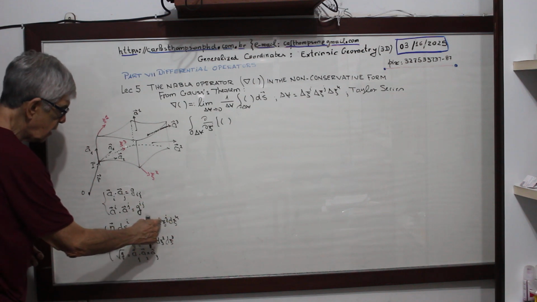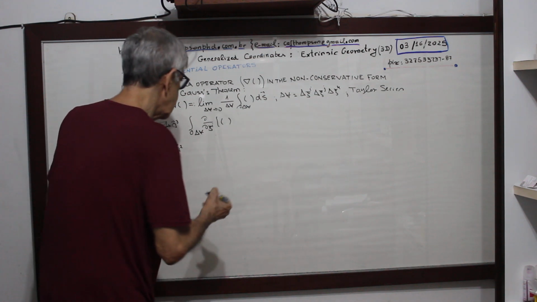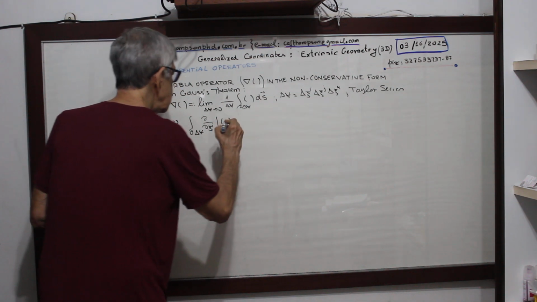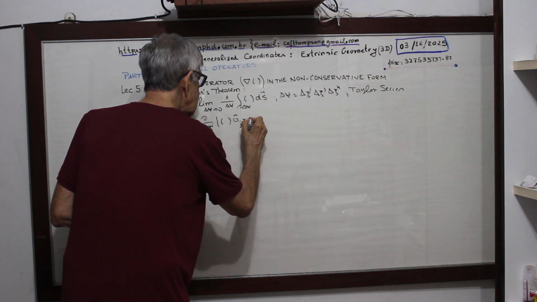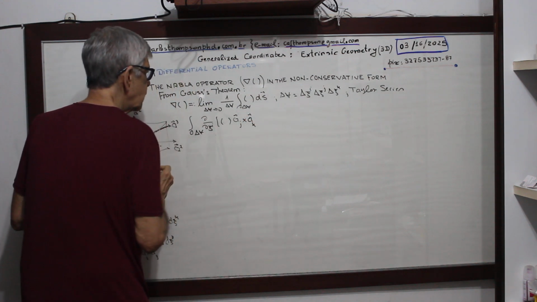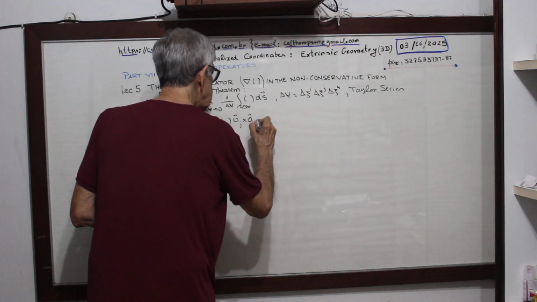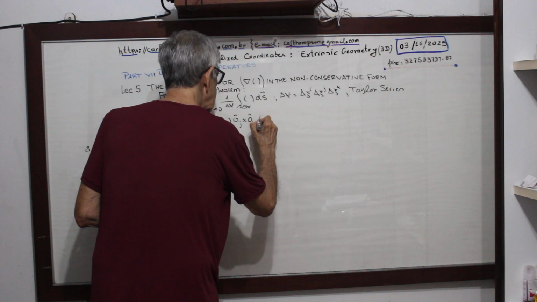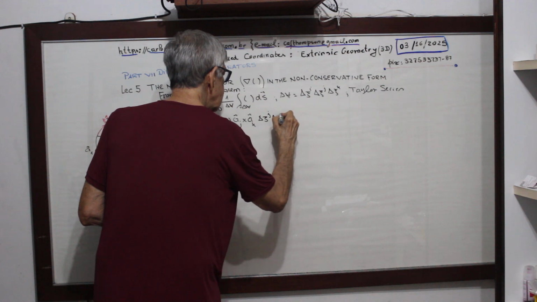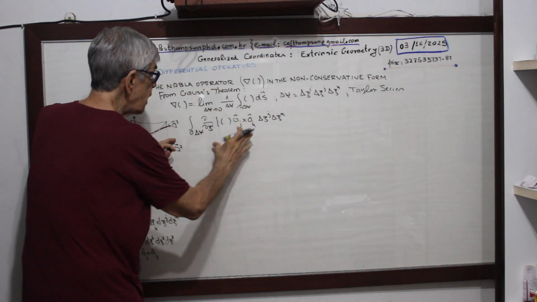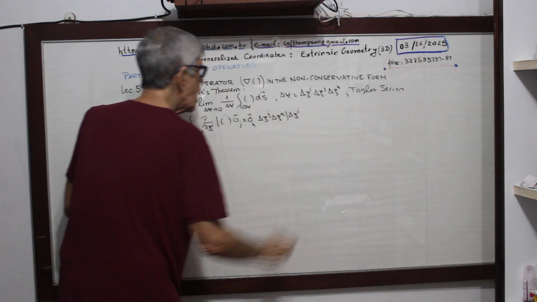I'm substituting the differential, but the small finite one in this case. Don't forget that. That's a Taylor series, so there is here delta Ci.